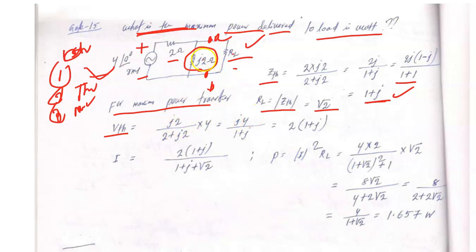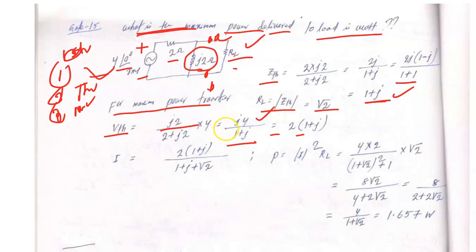So use potential division: Z2 upon 2 plus J2, into 4, because it is 4 at 0 angle only. The 2 cancels in both numerator and denominator, giving J4 upon 1 plus J. Either you simplify or leave it as it is.